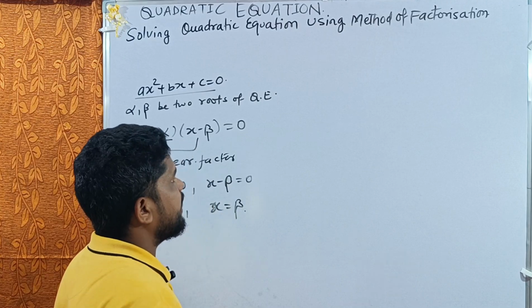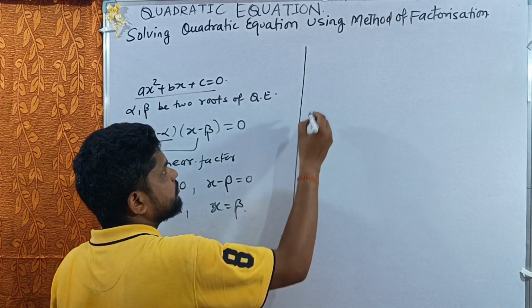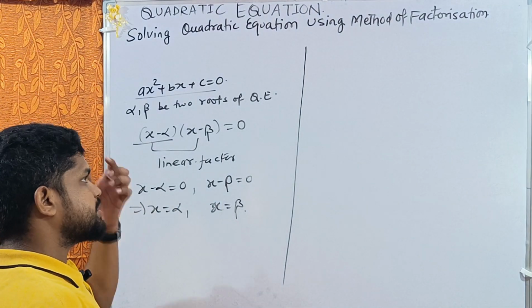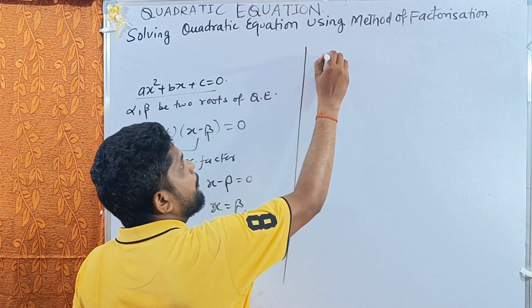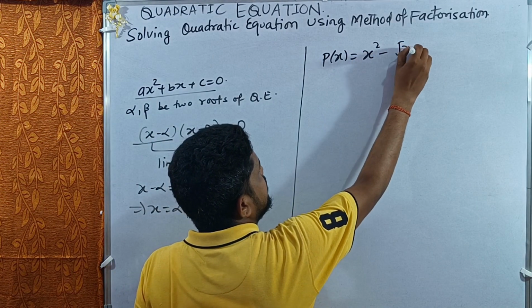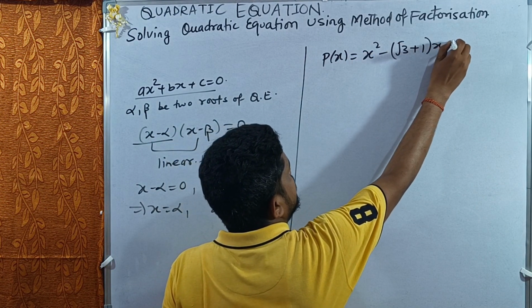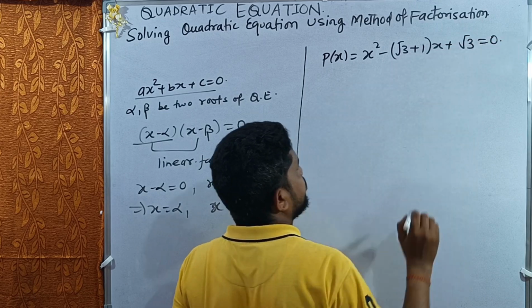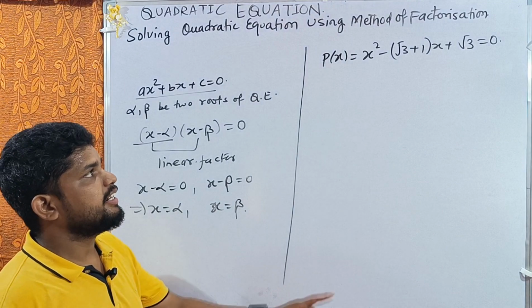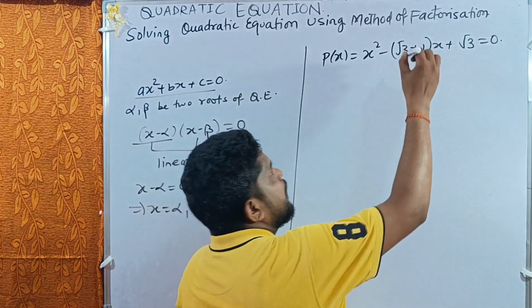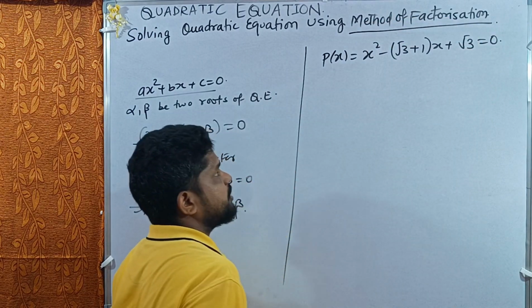Suppose I have taken one example. We have a quadratic equation p of x equals x square minus (root 3 plus 1)x plus root 3 equals 0. We aim to find the solution for this quadratic equation by using the method of factorization.